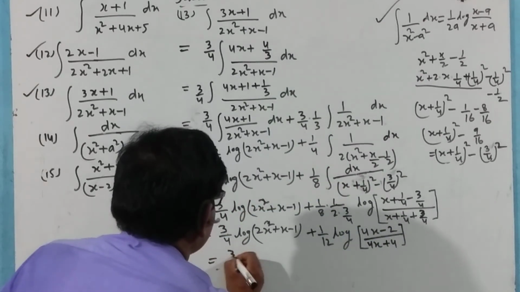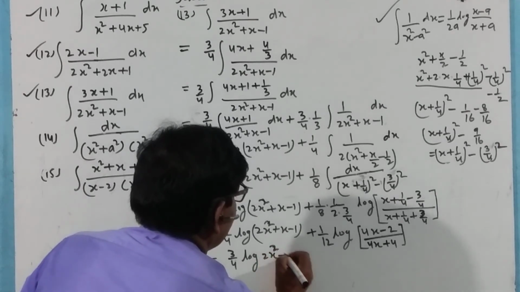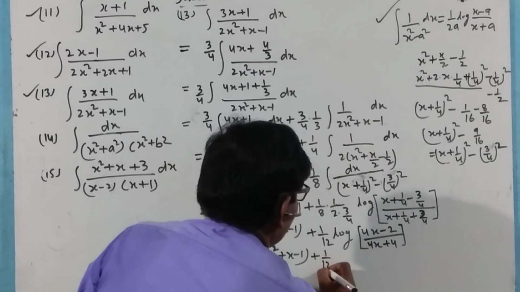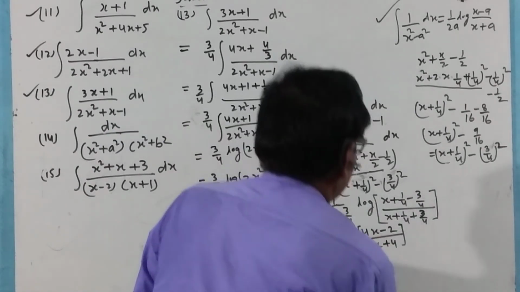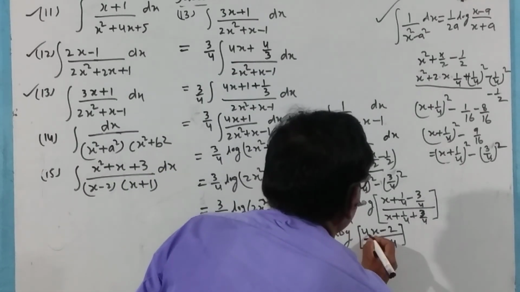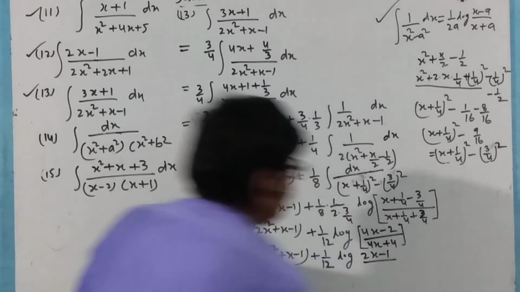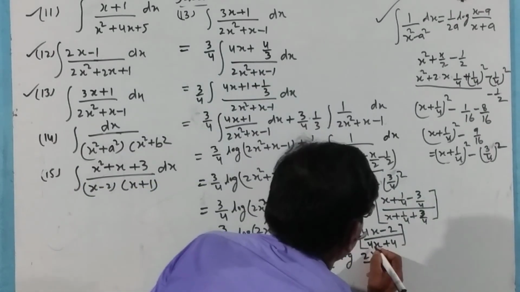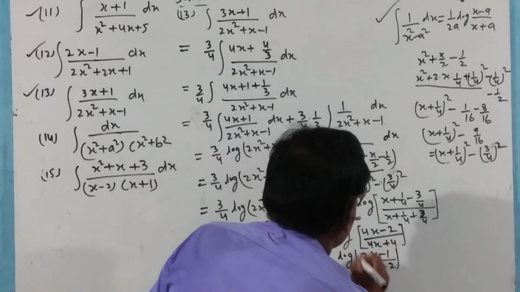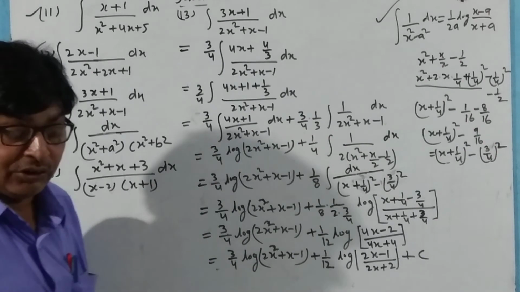Now this is also written as 3 by 4 log (2x square plus x minus 1), and here 1 by 12 log, and we take common 2 in the upper side, so (2x minus 1) divided by, taking common 2, (2x plus 2) here, and we add the integrating constant. See, this is our answer here.